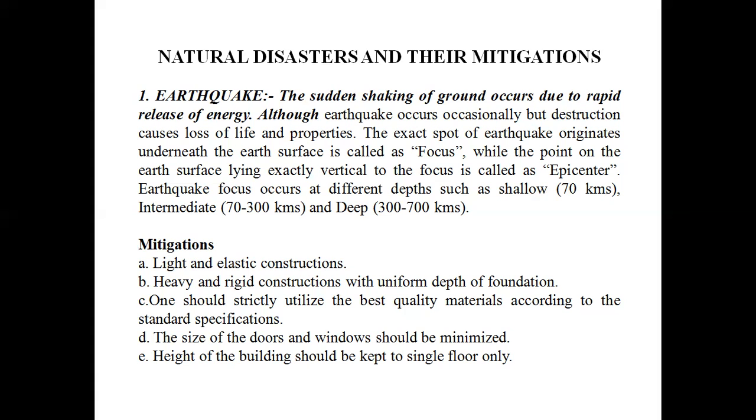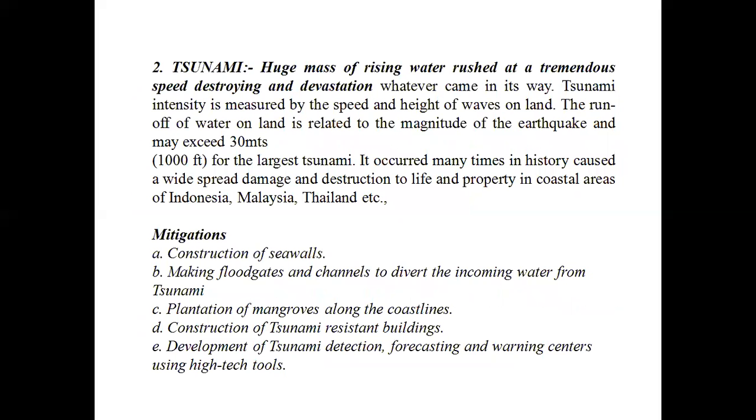You already know about the different specifications and the quality of the materials to be used. The size of the doors and windows should be minimized. The height of the building should be kept at a single floor only. We have divided the earthquake area into different zones, zone 1, zone 2, zone 3. According to that, we have to take care of the constructional activities.